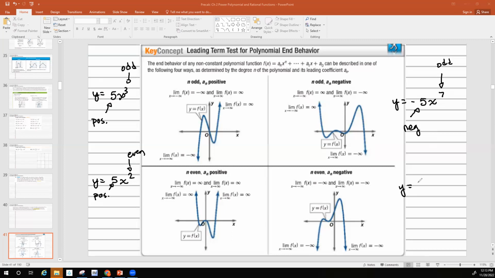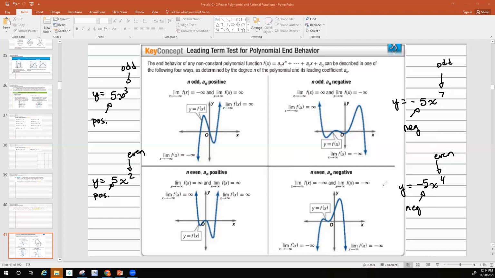And here, if you have negative 5x to the 4th, because the lead coefficient is negative, that's why it is opening down. And our degree is an even degree.